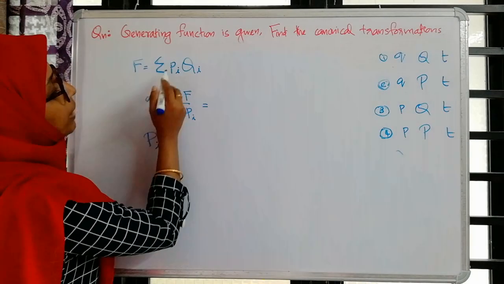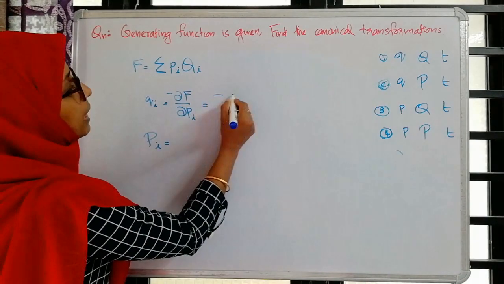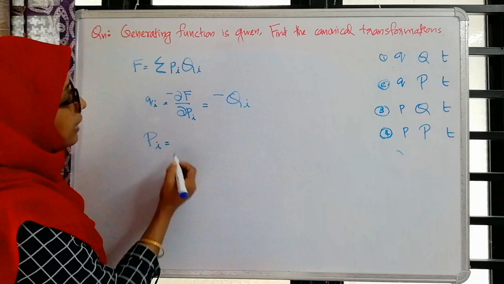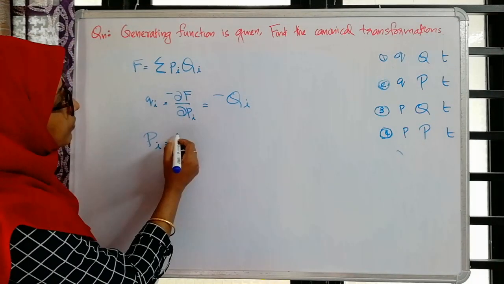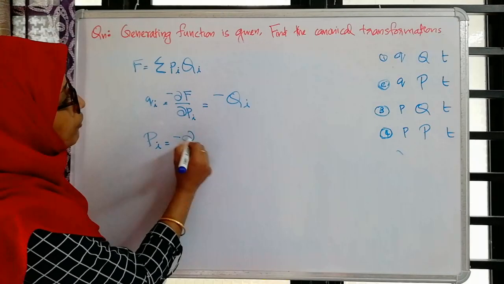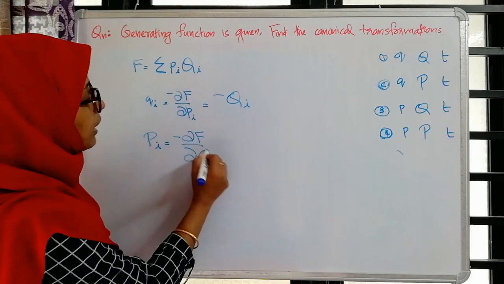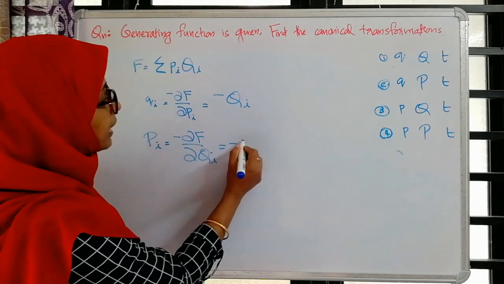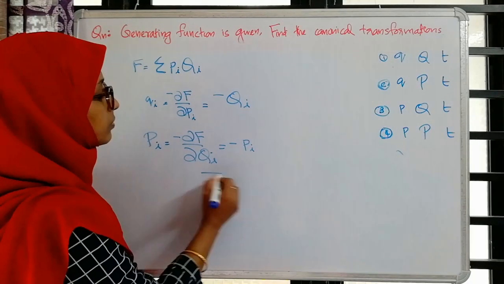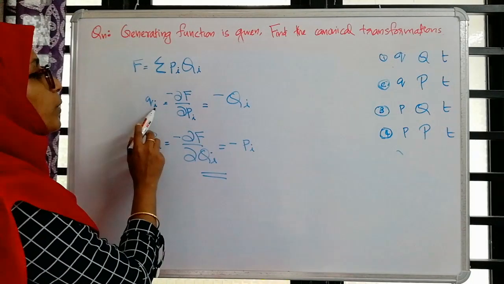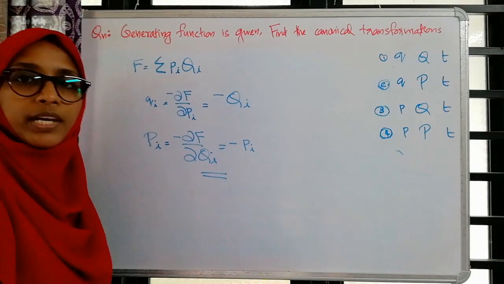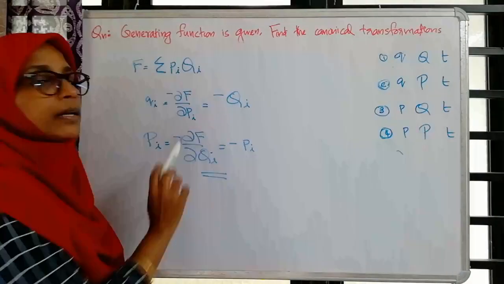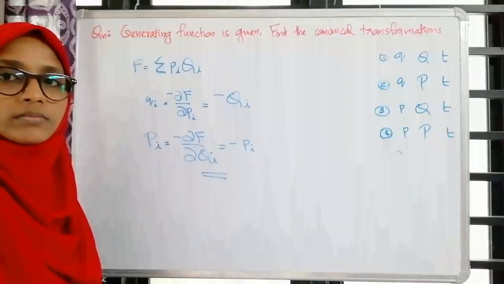That's equal to minus of dou f by dou pi, which is minus of Qi. And here capital Pi is equal to minus of dou f by dou Qi, which is equal to minus pi. That is Qi is equal to minus qi and Pi is equal to minus pi. Here we got the same transformation but opposite.